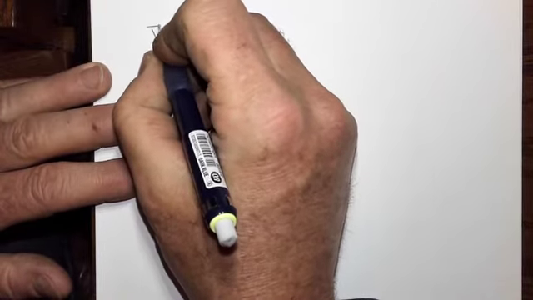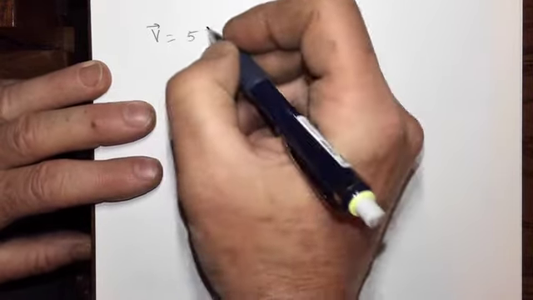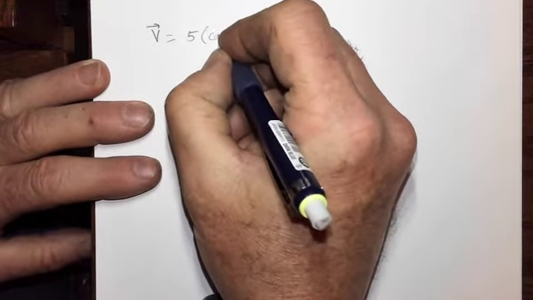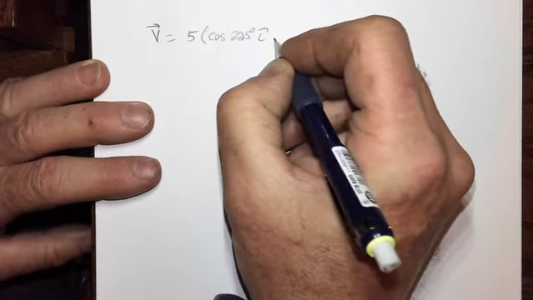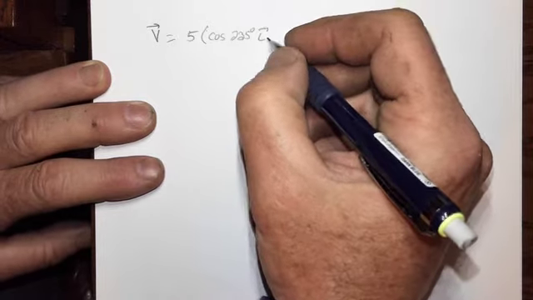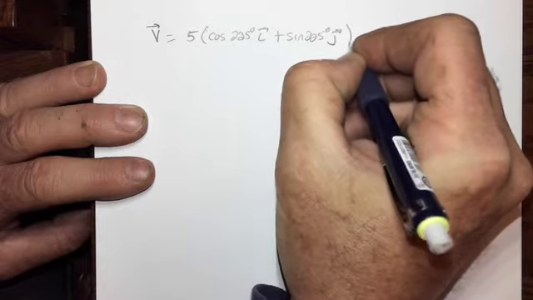All right, one more example. Let's say V was equal to 5 times the cosine of 225 i plus the sine of 225 j.